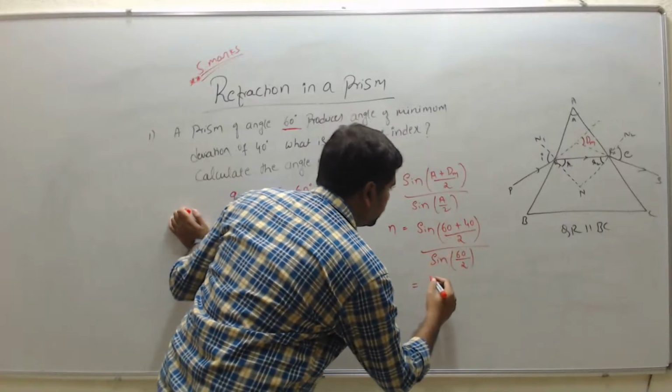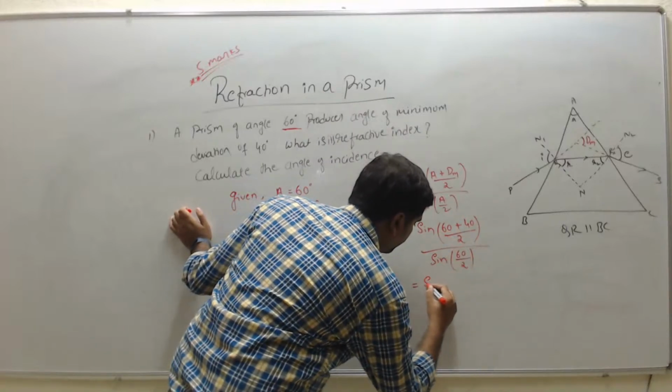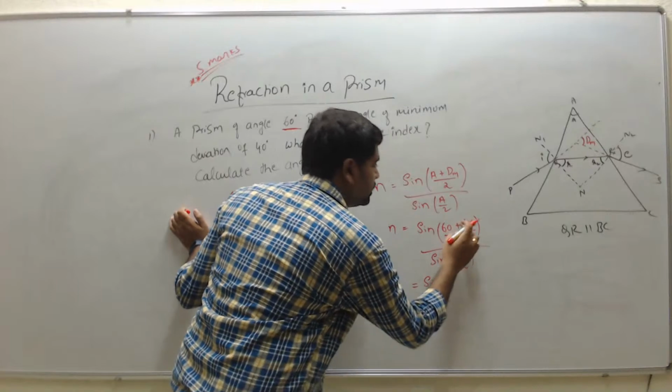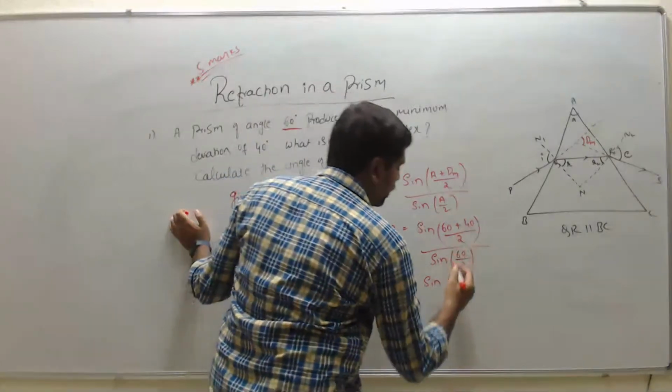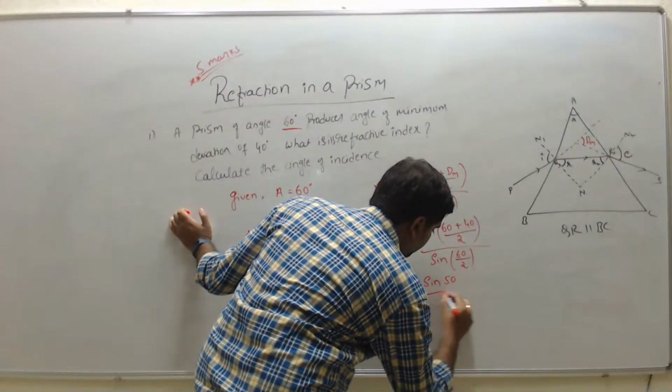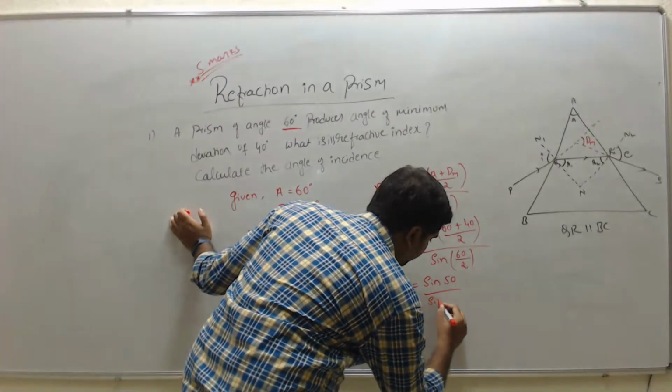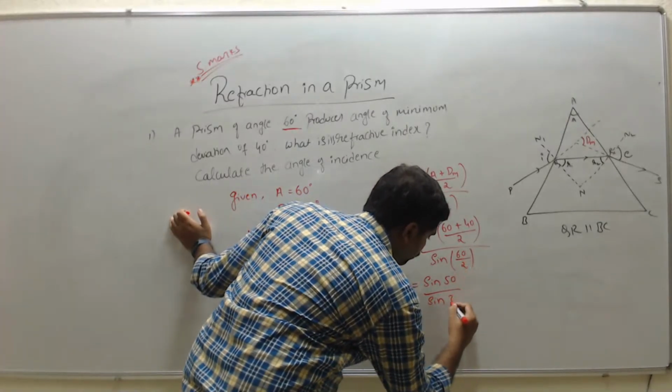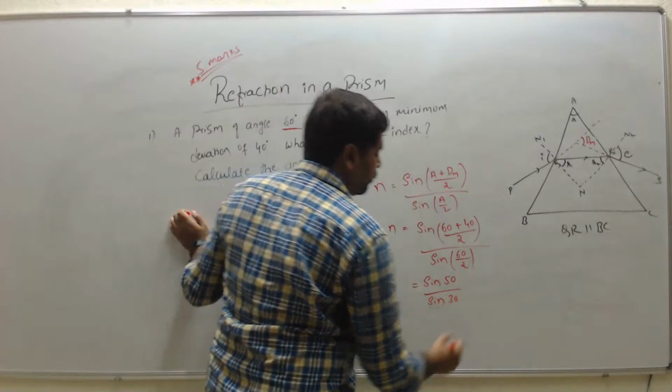Simplifying, 60 plus 40 is 100, 100 divided by 2 is 50, so sin 50 divided by sin 30.